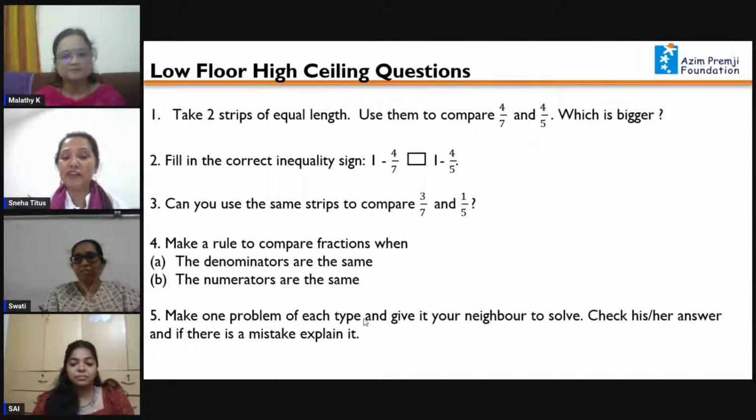They know the difference between the types. And if they make a problem and give it to their neighbor and then can check the answer, that means that they have really understood the concept. If they can explain their neighbor's mistake, then you're really on a winning wicket here.